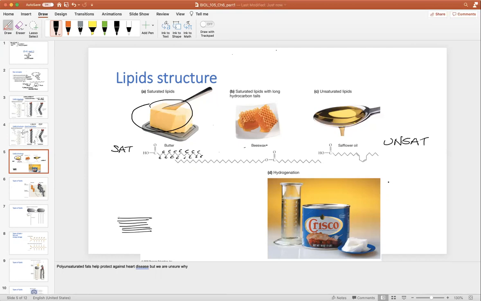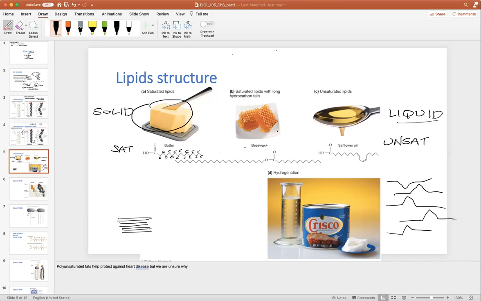So if you were to try and lay these on top of each other, you really can't. They stay kind of far apart from one another because they can't tightly pack like they can in butter. So they stay kind of far apart from one another and they remain in liquid form. So here we have a solid.